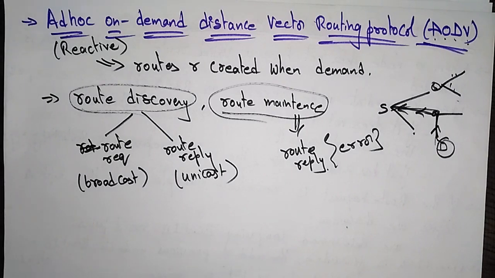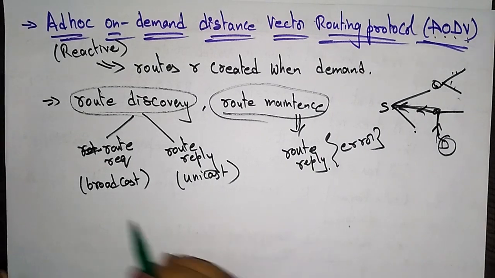If the route exists, forward to the next hop. If the route does not exist, it initiates the route discovery. This is exactly the process this Ad hoc On-demand Distance Vector routing protocol follows. It has to discover the route, and after discovering the route, it has to maintain it.